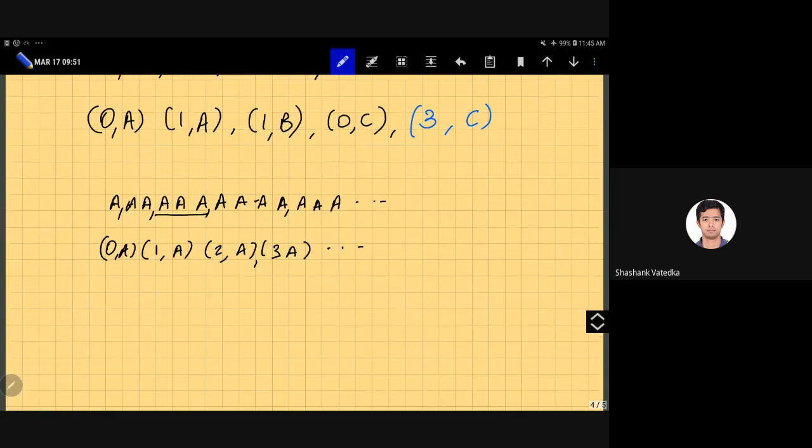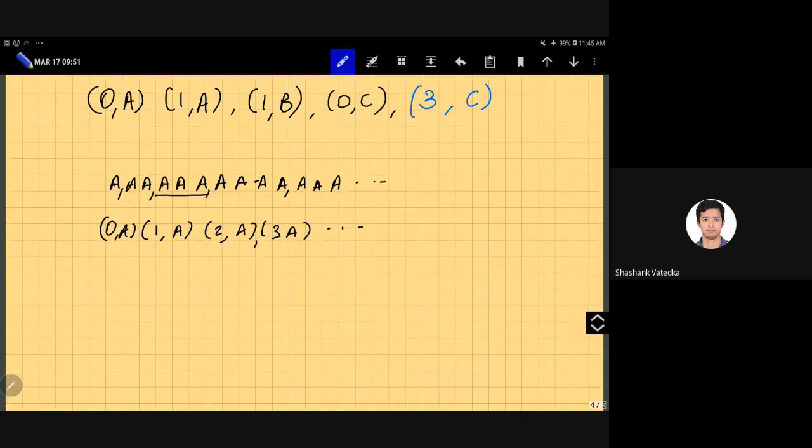So how do we decode this? You look at 0A, and this is decoded as A. The next phrase is obtained by appending an A to the previous phrase.